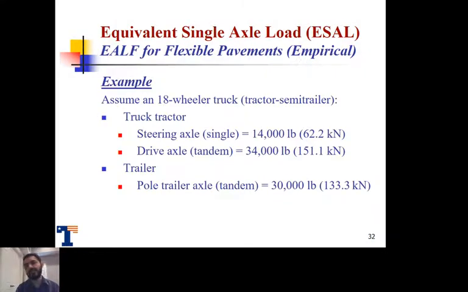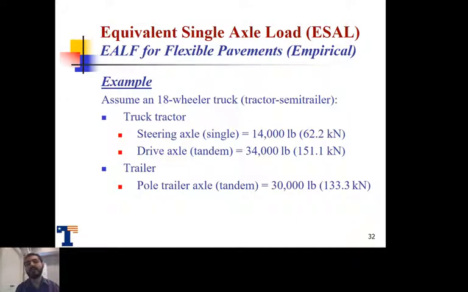So let's have an example to understand how we can use this table. Assume I have an 18-wheeler truck, and I want to know how many equivalent single axle loads will come from this truck.